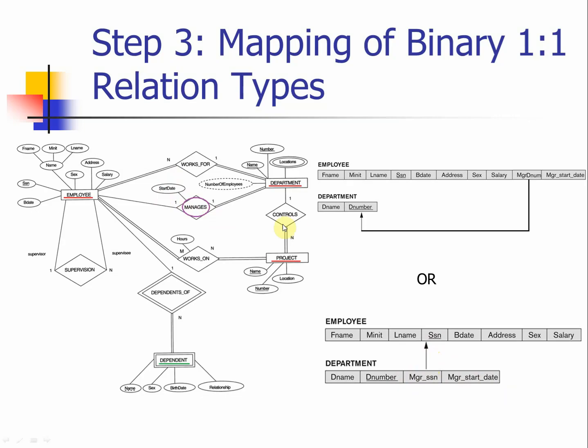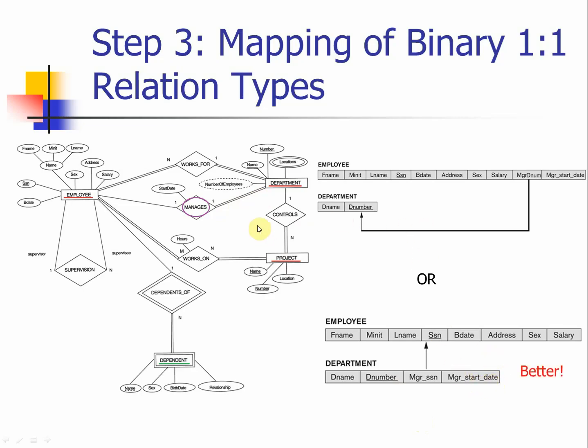Think about this: because this is a double line, every department must have a manager. Therefore, if I have 3 departments, all 3 of them will have values for their managers, because every department must have a manager, as stated by this double line. And therefore, this is a much better choice than the other one.